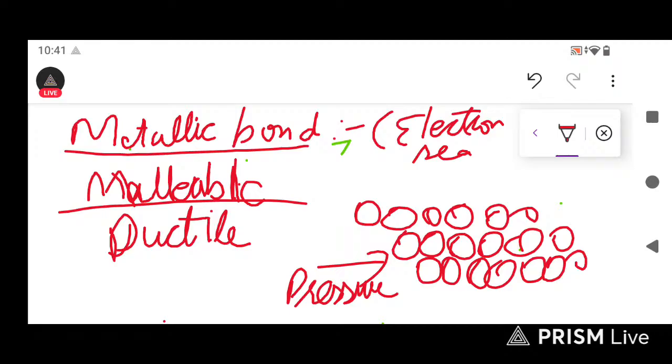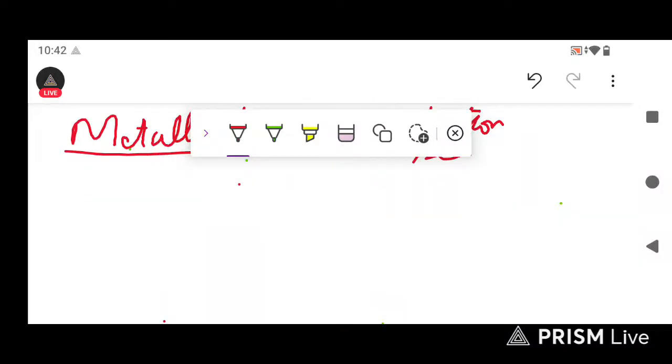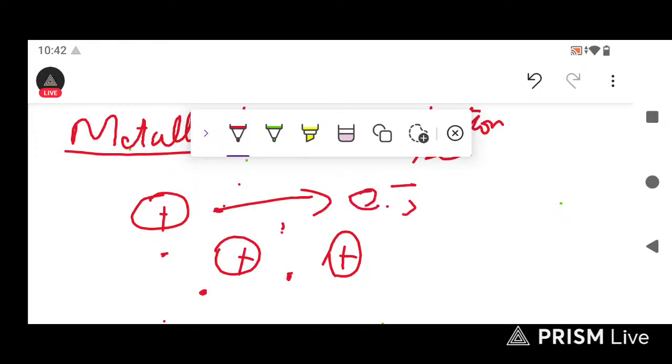So I will show you the delocalized electrons. Look at the diagram: these are the metal atoms, the electrons, and these are the positively charged ions.